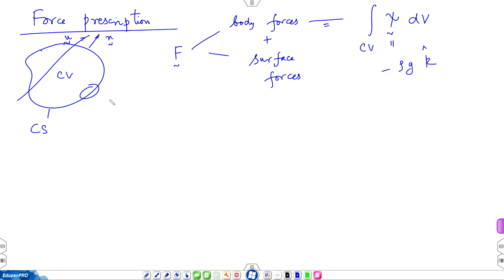So, let us say you look at a portion of the control surface, I am just exaggerating, a part of the control surface, and that portion is given a symbol ds. It is a part of the control surface. So, it will also have its own unit outward drawn normal.